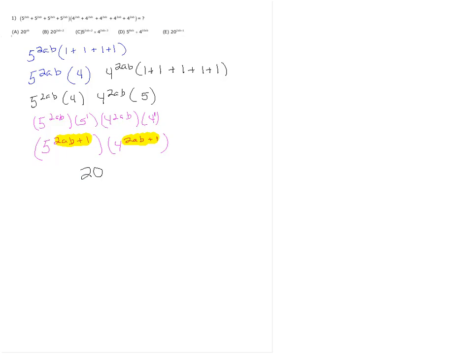So the answer to this problem is 20 to the 2ab plus 1, which is answer choice E. In that last step, all we did is say if you have 2 numbers or more, and the exponents are the same, you keep the exponents and you multiply the bases.